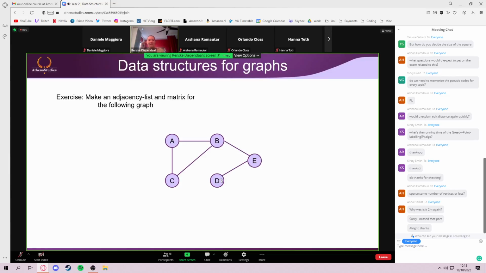All right, so as a little exercise, try to make an adjacency list and a matrix for the following graph. And let me know once you're done.